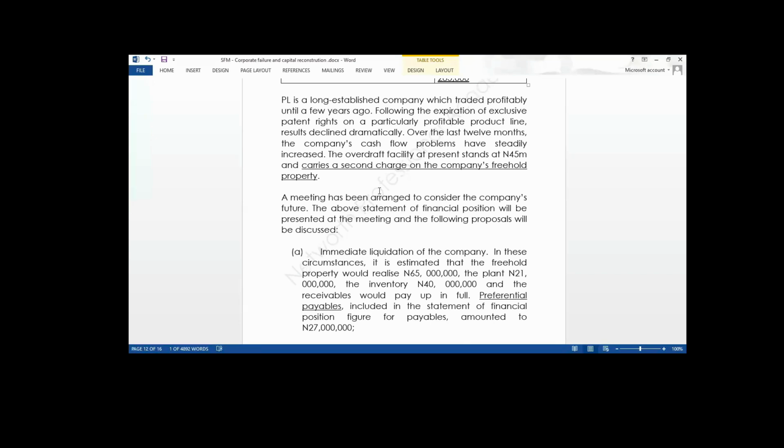Now, what are the implications of a fixed charge? In the event that the company cannot pay back that liability and the company is to be liquidated, any proceed realized from that asset must be applied to settle the liabilities.